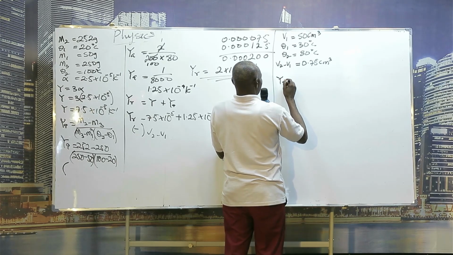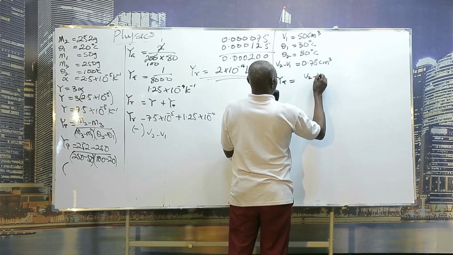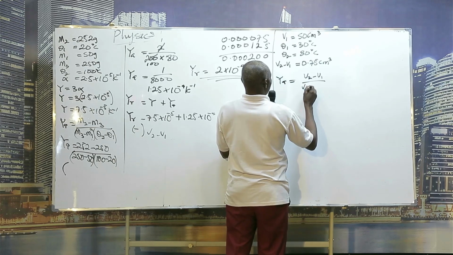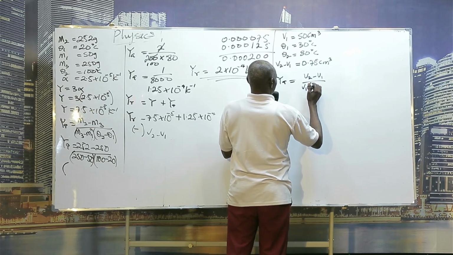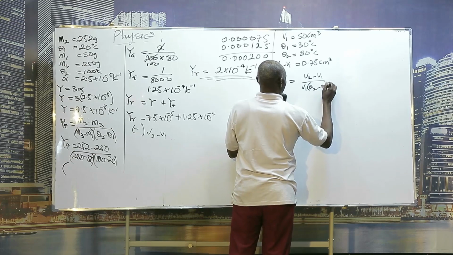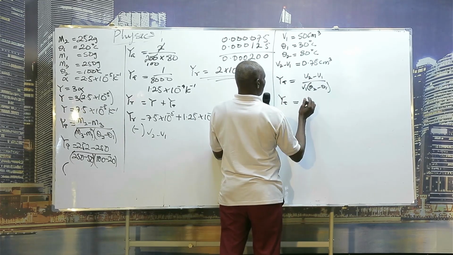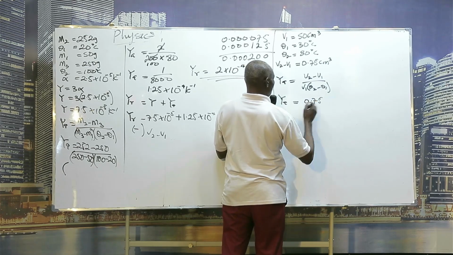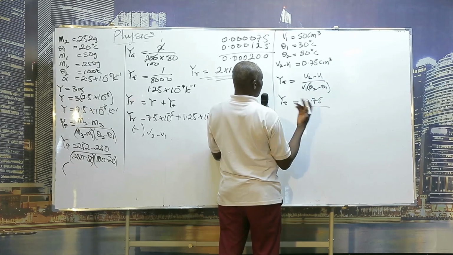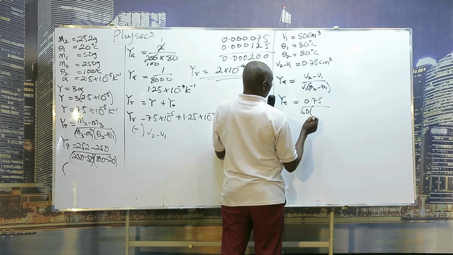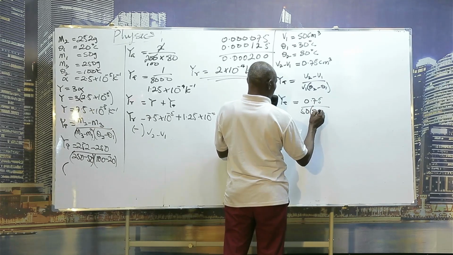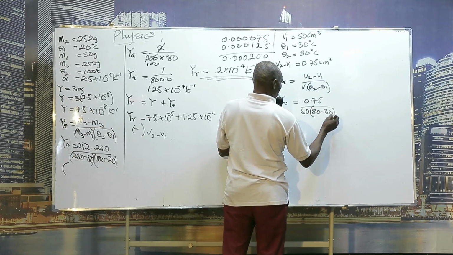So what you needed is just to substitute this directly. Apparent cubic expansivity is V2 minus V1 over V1 times the change in temperature. So it is 0.75 over V1, the initial volume, which is 50, times the temperature change, 80 minus 30.